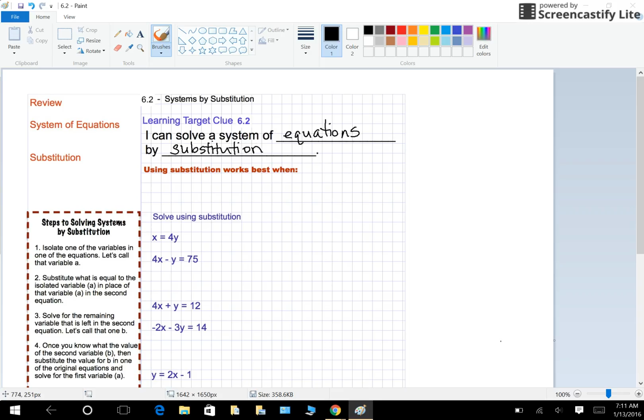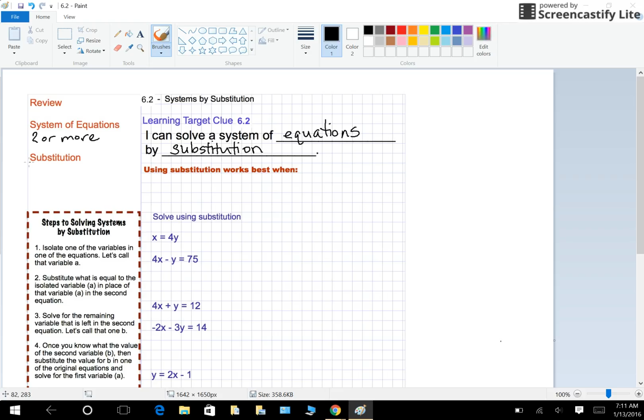So again, a reminder, systems of equations are two or more equations in a system. And what we're doing is we're looking to see if those equations have a common point, a common x and y value. And substitution is just what it sounds like. And we have used substitution all of the time.